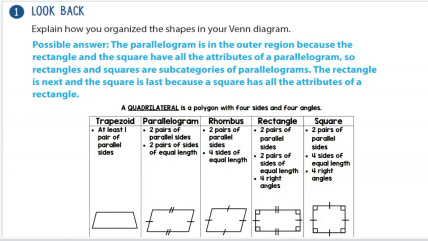So again, you can see here how the parallelogram has these 2 bullet points. A square and a rectangle also have those qualifications, but then again, a square is also more specific because all those sides are equal. So if you didn't have words like attributes and subcategories in your answer to this question, please update that now.